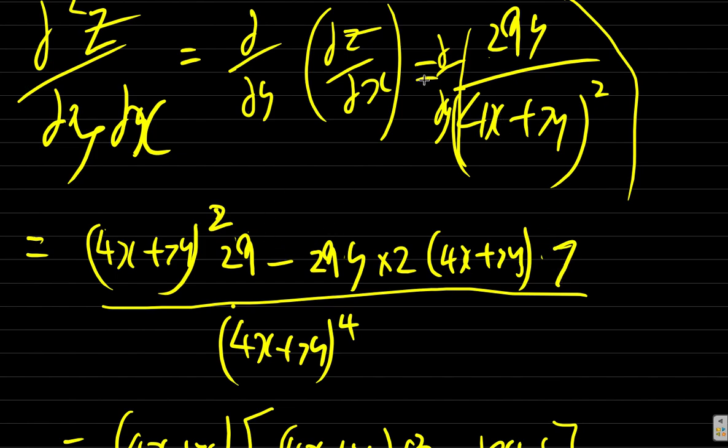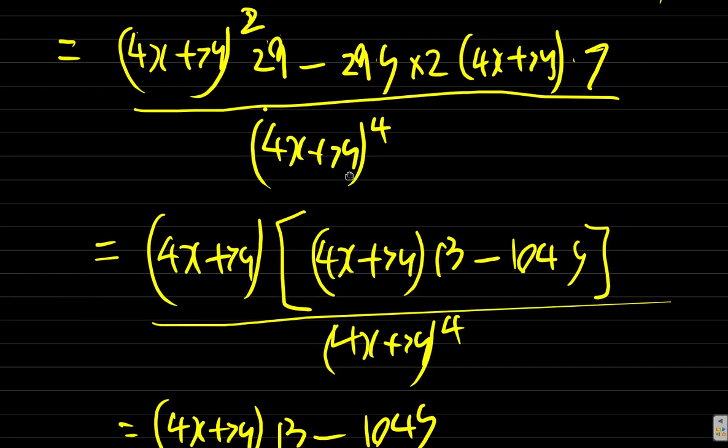So hold the bottom, differentiate the top, no problem, minus hold the top, 29y times differentiate the bottom. This would be 2 times all of this, (4x + 7y), times, differentiating with respect to y, this would be 7.